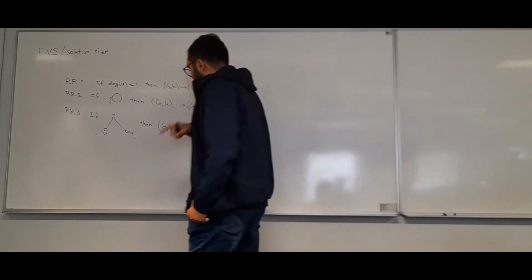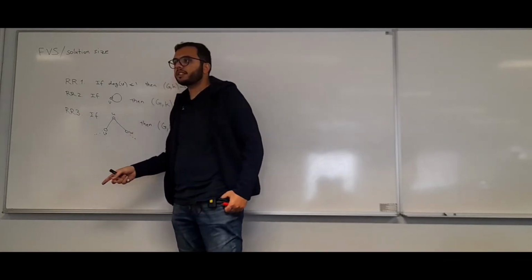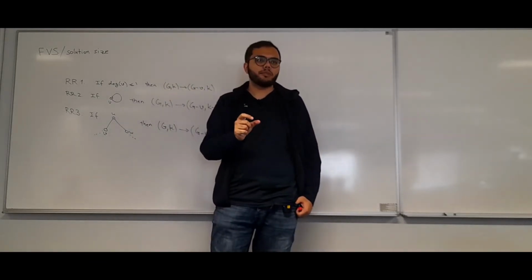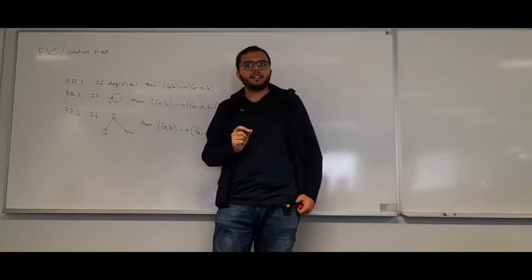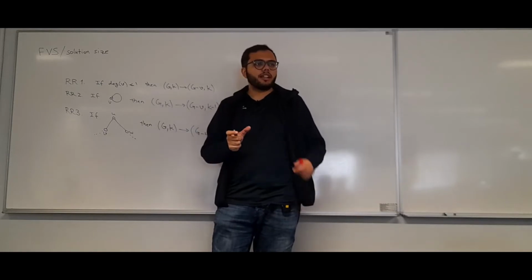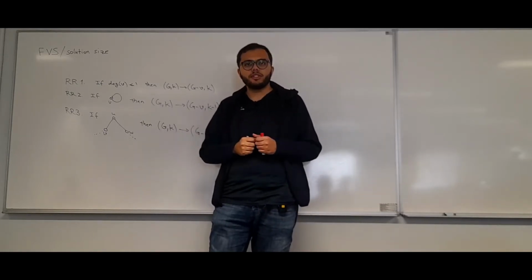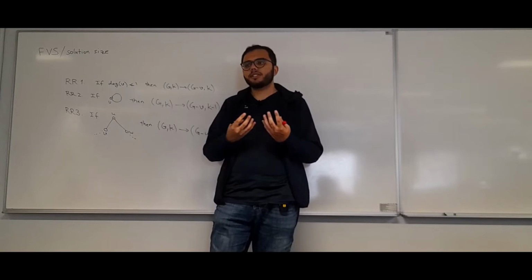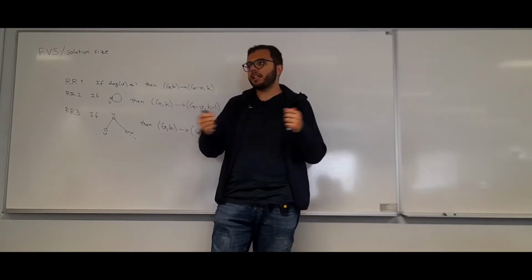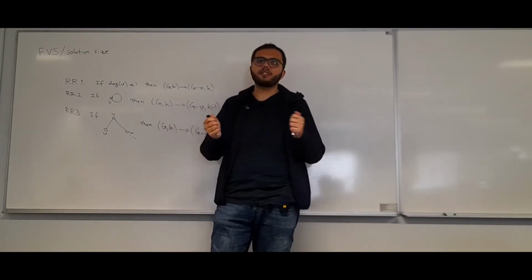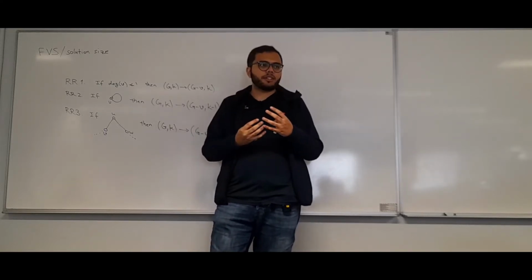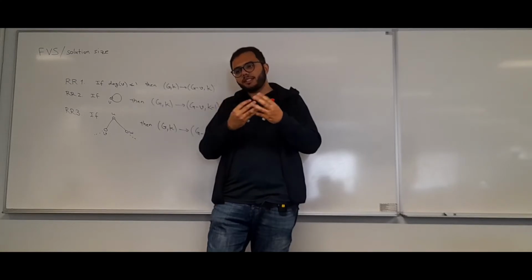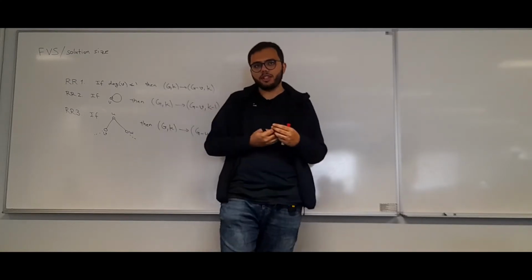But here's the thing: instead of taking each vertex with a probability in proportion to its degree, I can just say I take an edge randomly, and then I take one side of that edge. That's kind of the same idea, right? Because if I pick an edge randomly and then pick one side of the edge, then I expect that every vertex is picked with a probability proportional to its degree.